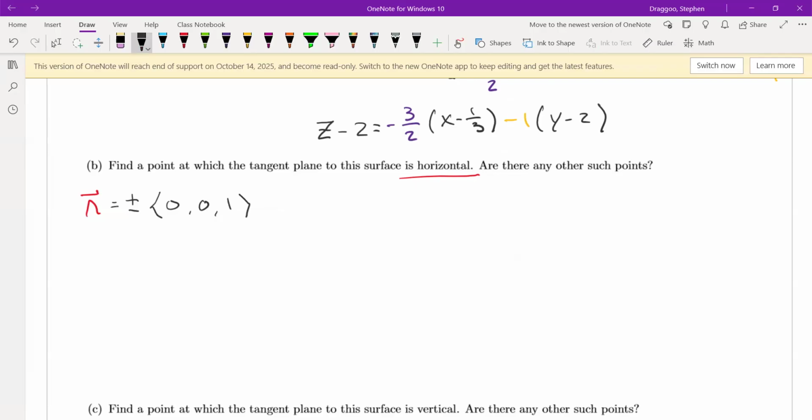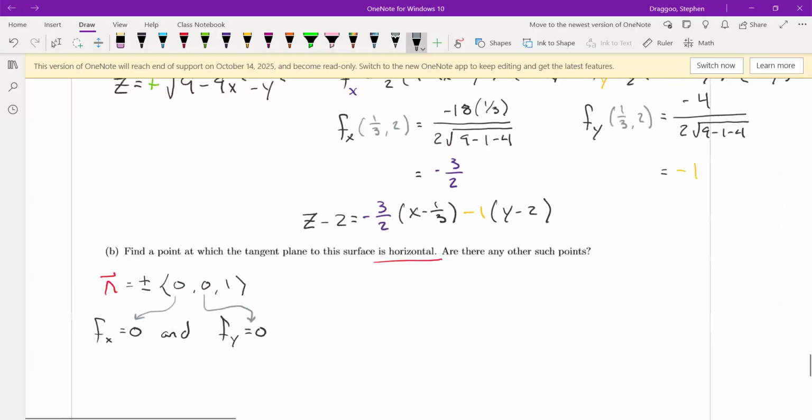And if my normal is vertical, my plane is horizontal because they're orthogonal to each other. Which means I'm looking for a couple of pieces. I want f partial x to be 0, and I want f partial y to be 0.